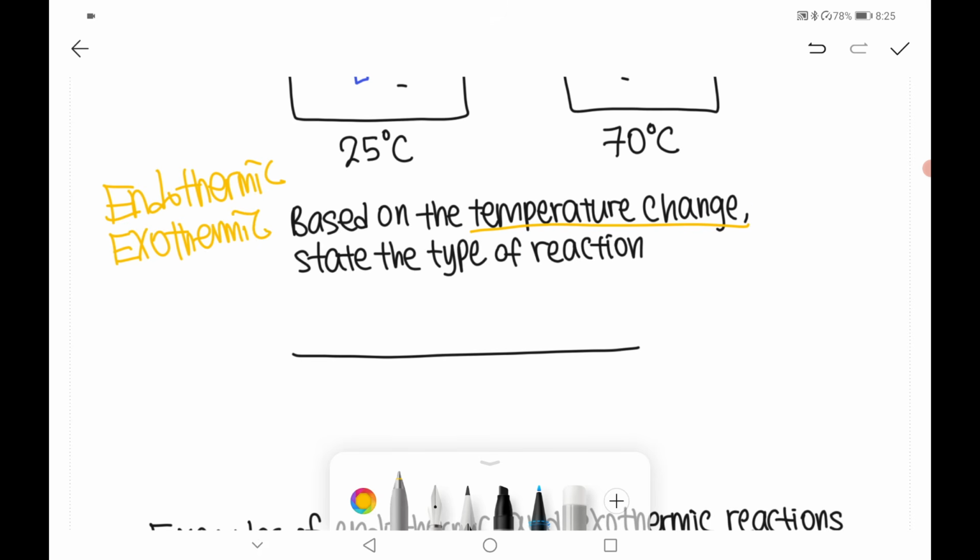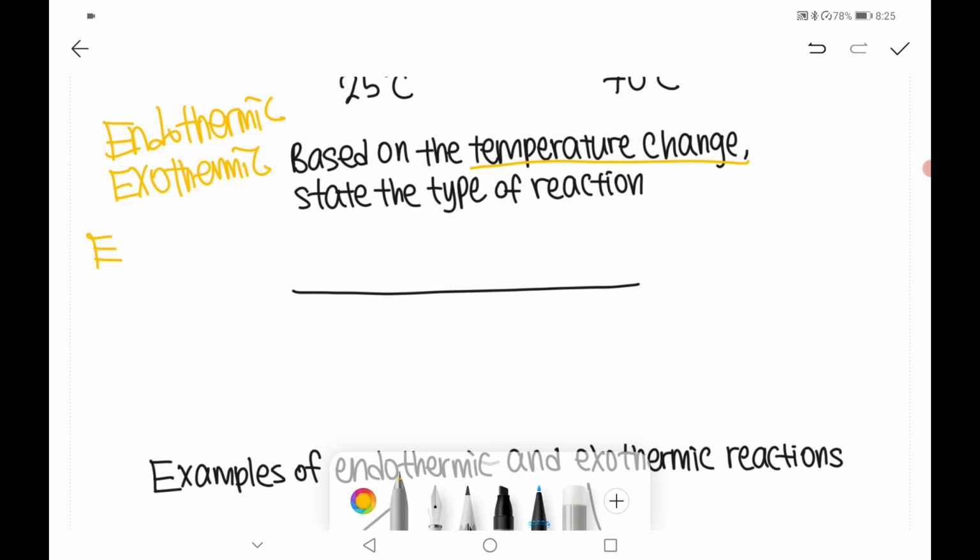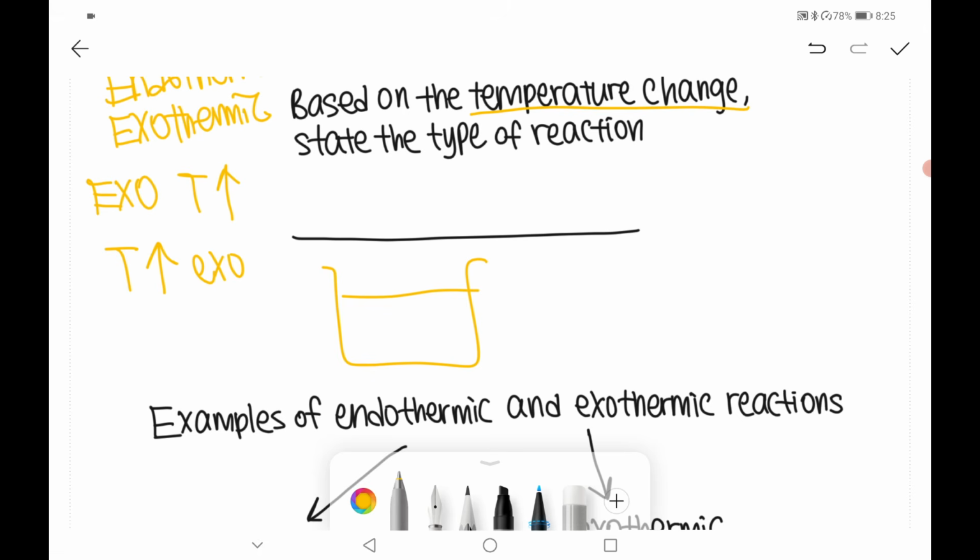Remember the concept. In an exothermic reaction, the temperature will increase. So when you see temperature increases, it is exo. Why? Let's say this is hydrochloric acid and this is sodium hydroxide.